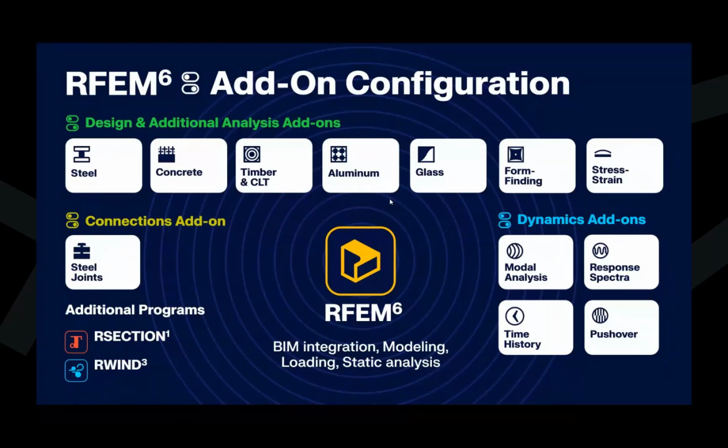This allows us to fully integrate with BIM software, which we'll talk about in just a minute. We have access to all of the standard cross-sections and materials directly in this base program, where we can fully model the structure as well. If we're not using BIM integration, we can apply the loads and get a full static analysis.